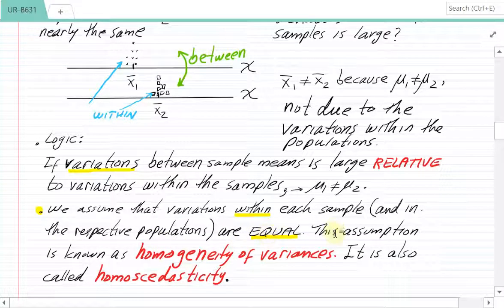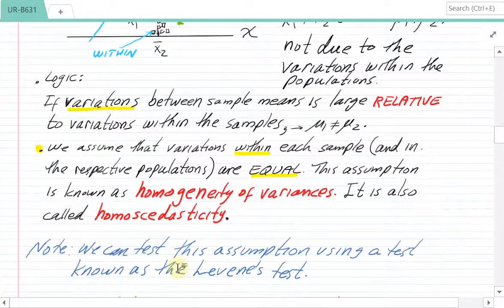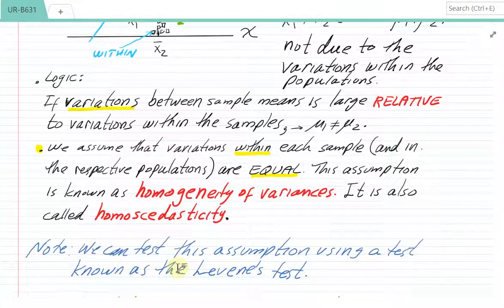Okay, and this assumption has fancy names that go with it. It's called homogeneity of variances. And some call it homoscedasticity, especially in regression. Now, how do we test the assumption that the variances are equal?